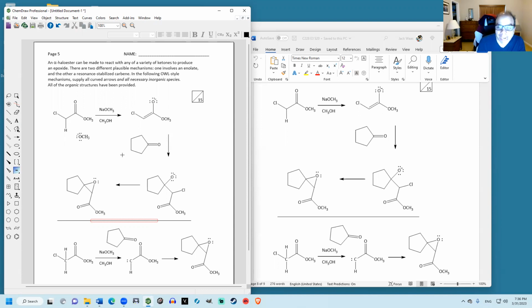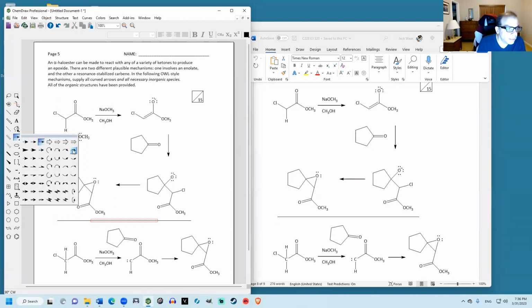It's a non-factor. So the methoxide pulls off this proton. The electrons fold in to form a pi bond. We break the carbon-oxygen pi bond and put the electrons on oxygen. And that gives us this species.